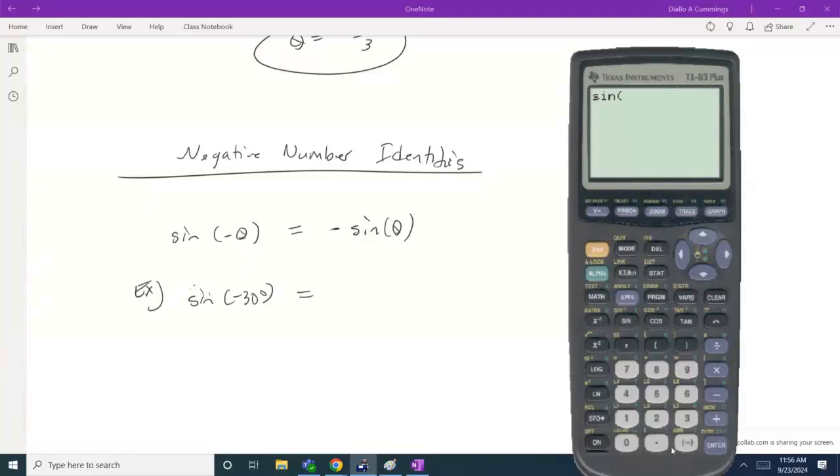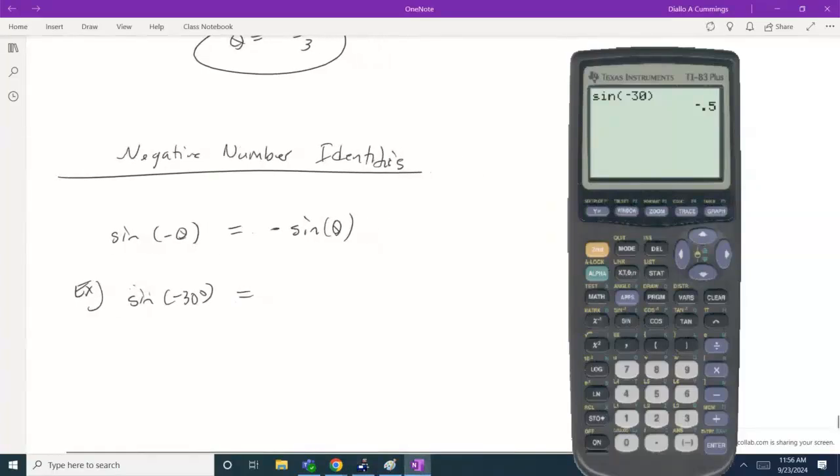The sine of negative 30 degrees is equal to negative 0.5. That should be equal to negative times the sine of positive 30 degrees. If I put negative times the sine of positive 30 degrees, I get the same number value. The only difference is I'm able to express a negative angle as a positive angle.